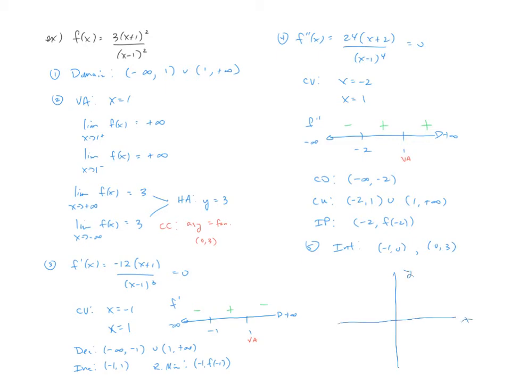All right, so the information that I'm definitely going to start with is the domain, the vertical asymptote. So for the vertical asymptote, I'm going to sketch that in here at x equals 1. My horizontal asymptote right here is going to be at y equals 3.